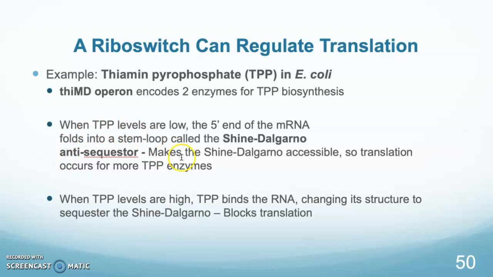So we would need to have this exposed or accessible so that translation could occur for this. But we could get the opposite, that when TPP levels are high, they will bind the RNA, which makes it so that this Shine-Dalgarno is sequestered or blocked from binding, which then would block translation.